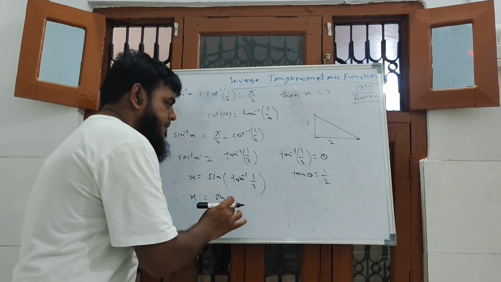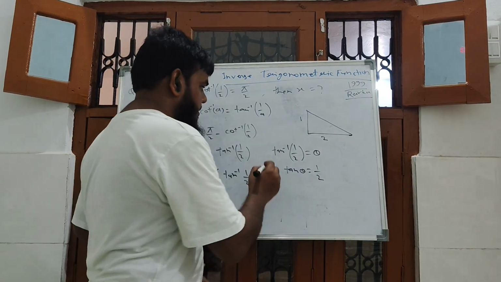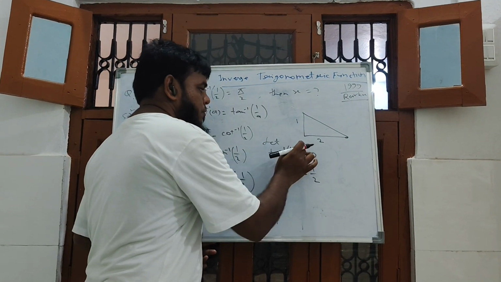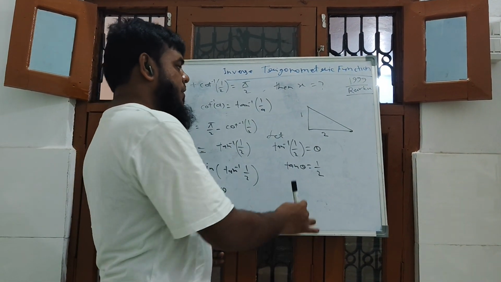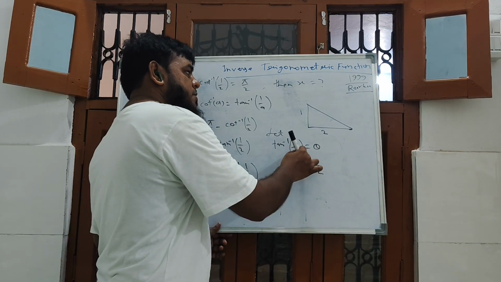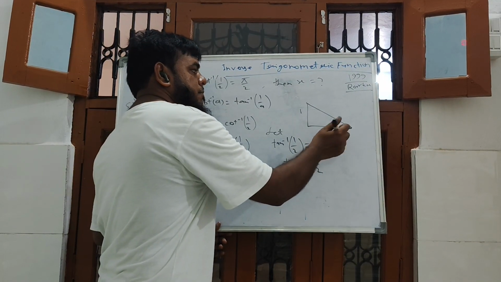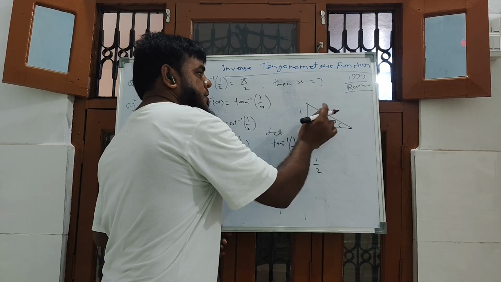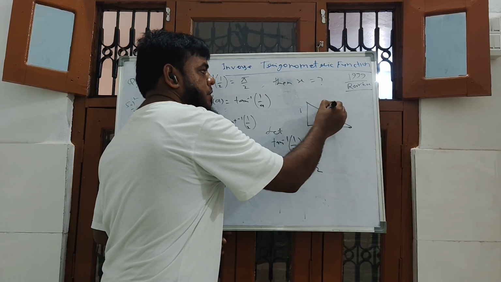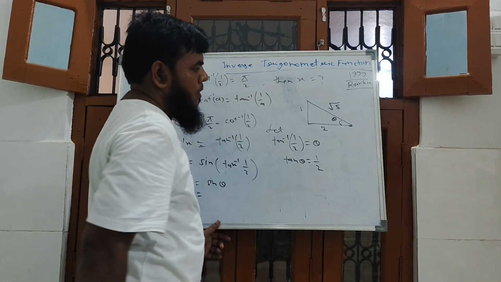Perpendicular is 1, base is 2, and this angle is theta. The hypotenuse is root 5.